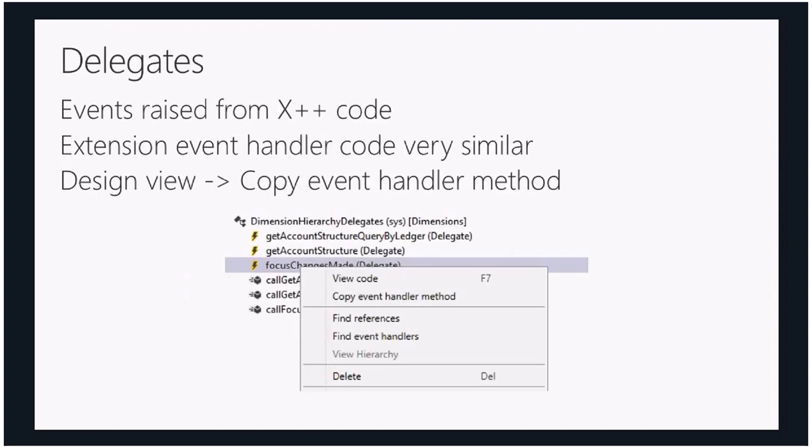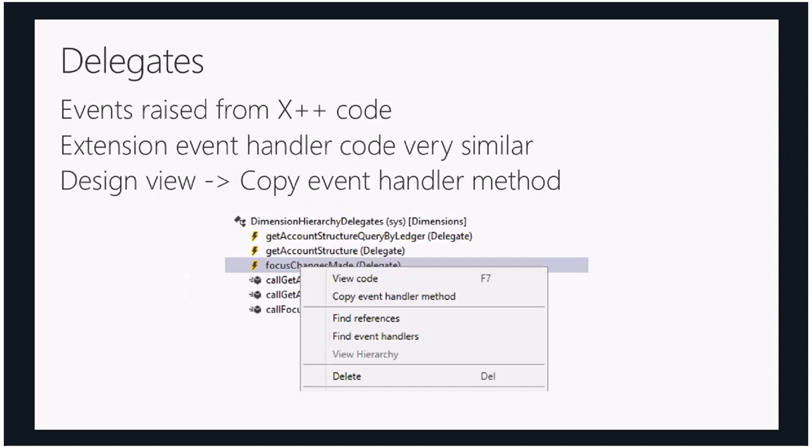Delegates are another type of event that can be raised from code. These are typically inserted into X++ classes when it makes sense for partner code to execute within the flow of an existing X++ method. In this case, even the chain of command technology will not help because you need your code to run inside of the Microsoft logic. In this case, the only option is to raise a delegate and write event handler code that responds to that delegate.